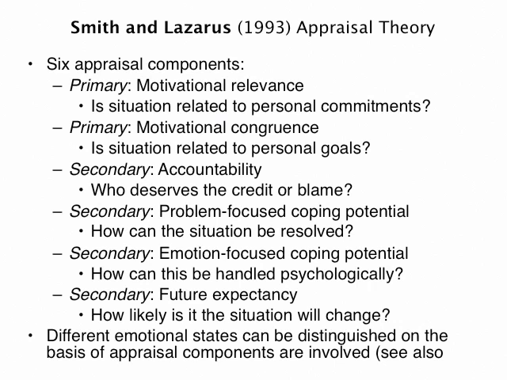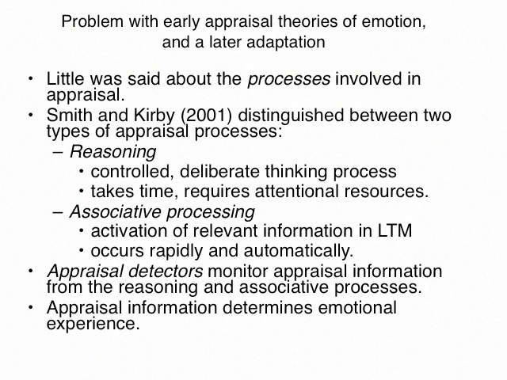And it's the way situations are appraised in relationship to the view of self, world, and other, and personal goals. So again, the different emotional states can be distinguished on the basis of the appraisal components. Now, these earlier appraisal theories didn't say much about the actual processes involved in appraisal.